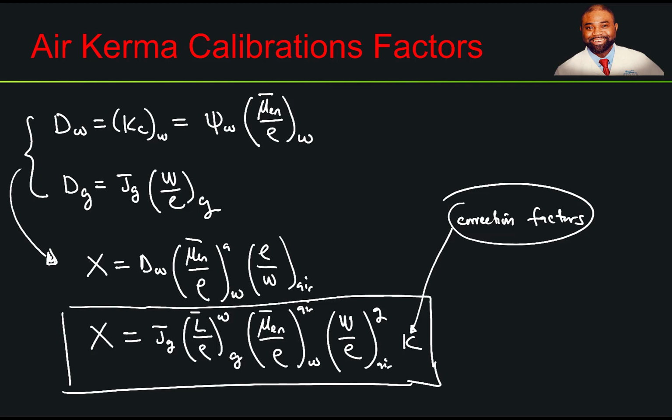And this humidity essentially will affect things like the ion recombination within the sensitive volume. As a result, we have to take into consideration the correction factors to ensure that the exposure that we've measured is the accurate exposure.